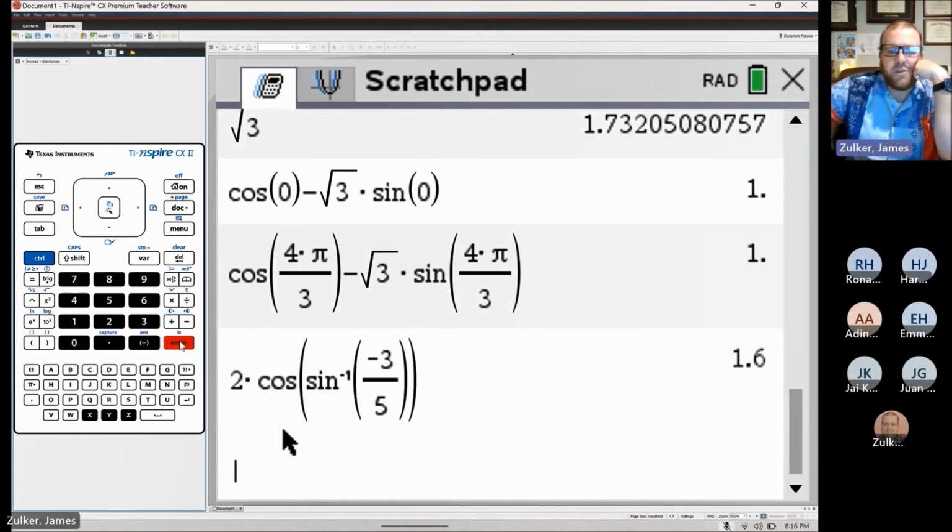Because if it works for inverse sine of negative 3/5, it's going to work for 2 pi plus that, because they're the same angle.